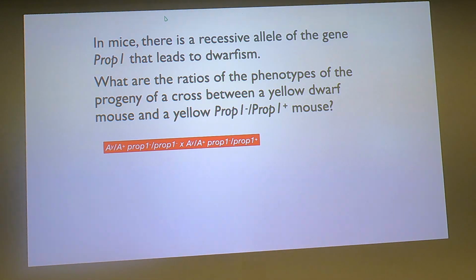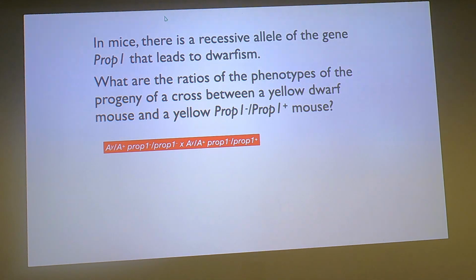What will the distribution of the phenotypes be? Here we get a homozygote for the recessive trait and a heterozygote, and we cross those. It's a simple Mendelian monohybrid cross, nothing funny, no lethality.